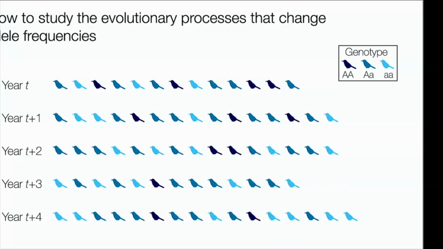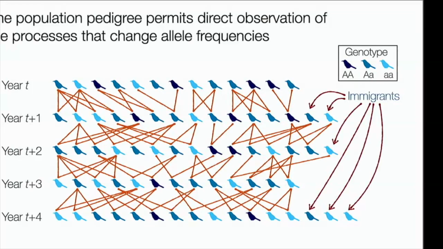If you're lucky, you may have many temporal samples from the same population over time, which gives you a lot more power to make inferences, especially about processes occurring over shorter timescales. But one thing to keep in mind is that what is really happening in natural populations is that individuals are moving around the landscape.